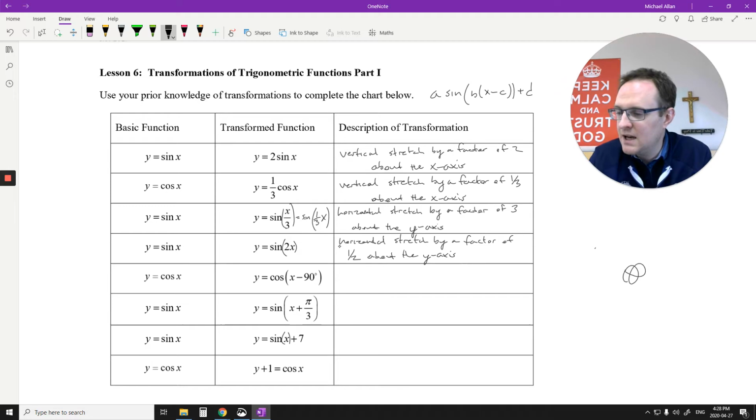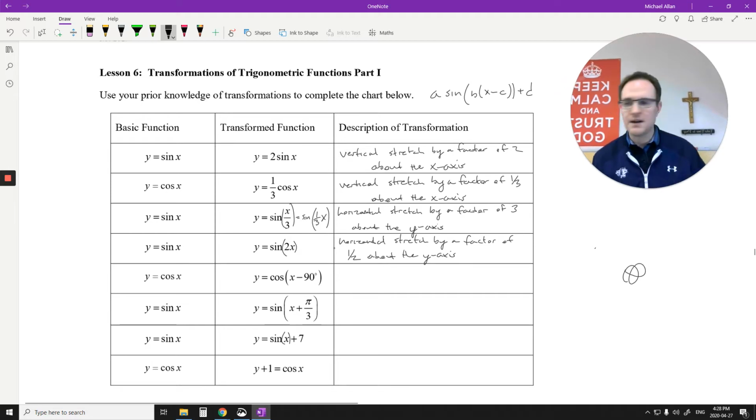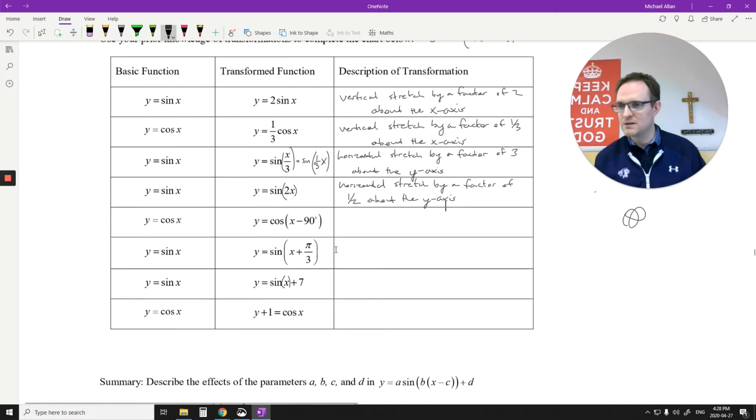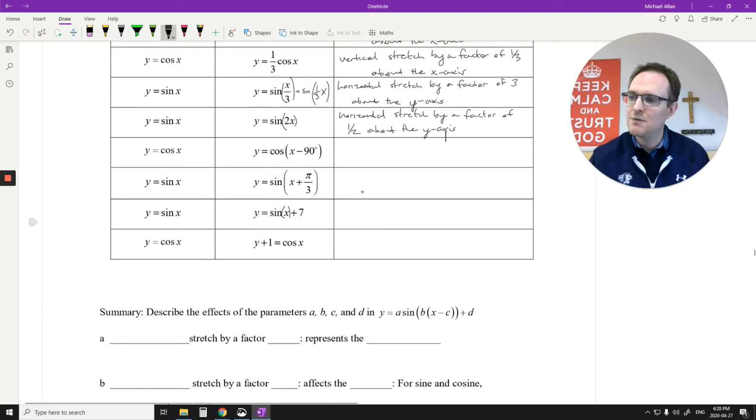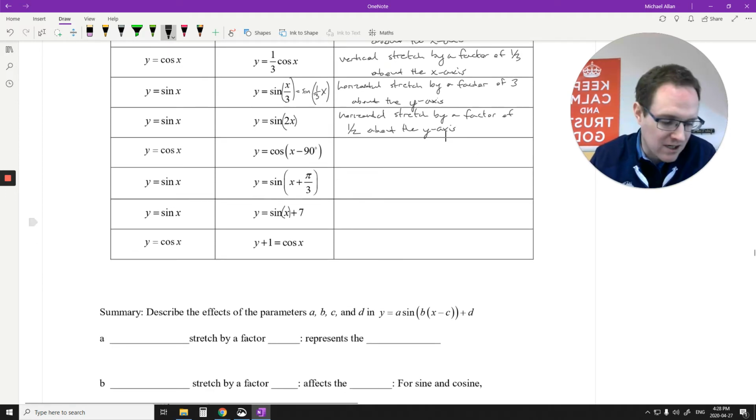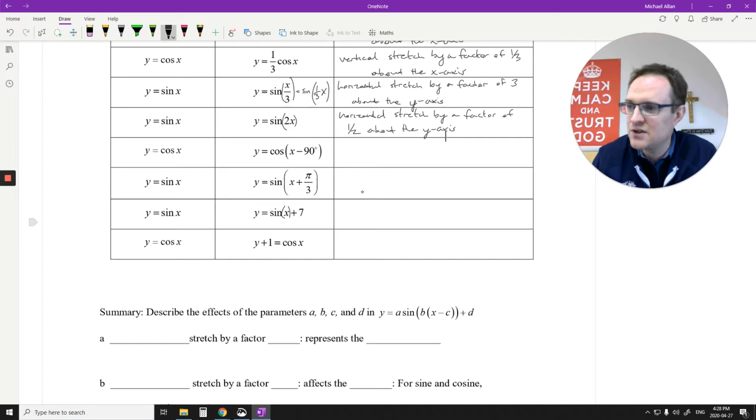Okay, and now we're going to get into these kind of funky ones. These are the more horizontal, because this is inside the function. These are horizontal translations. Well, because they are in terms of periodic graphs, we don't talk about it as translations. We talk about these as phase shifts. So this is a 90-degree phase shift, and then we also want the direction.